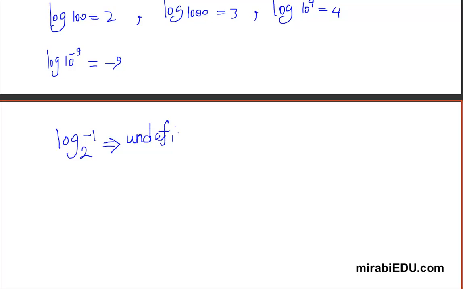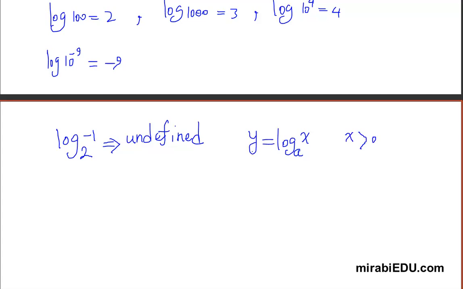So, in the function of logarithm of x with base 10, or logarithm of x with base 2, whatever, when the base is an acceptable number, let me write a, x must be positive.